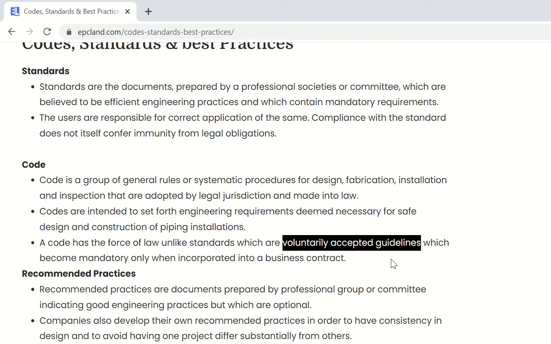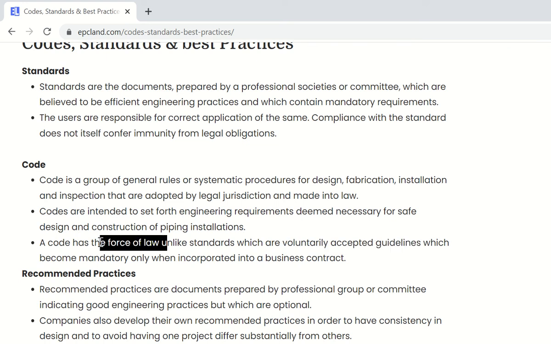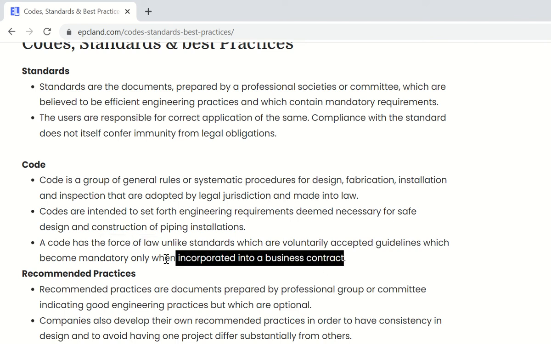There is no force of law involved, but they become mandatory only when incorporated in a business contract. Suppose a client is hiring an engineering contractor and says we have to follow these standards. Then only these standards have to be followed. Once it becomes a part of the business contract, then it becomes binding.